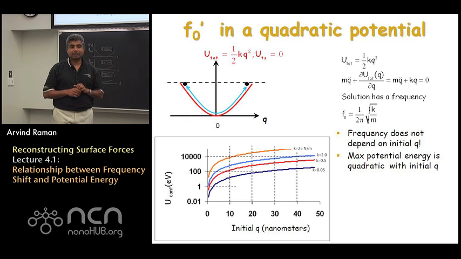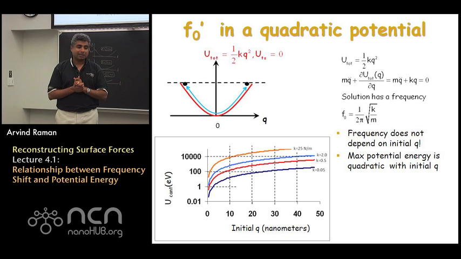What's really interesting is, I like this example very much because it tells you that most oscillators that we use for AFM, when you look at the maximum potential energy, which is the potential energy corresponding to when the tip is at an extreme position, tends to be somewhere between 100 to 10,000 electron volts. This is very typical. So it gives you a very important idea as to what is the maximum potential energy typically contained in an oscillating AFM probe.